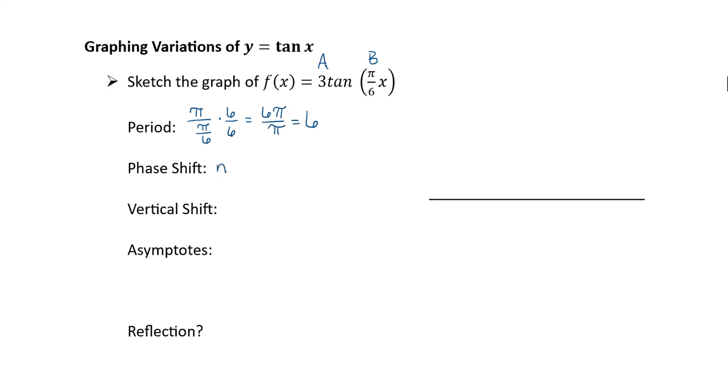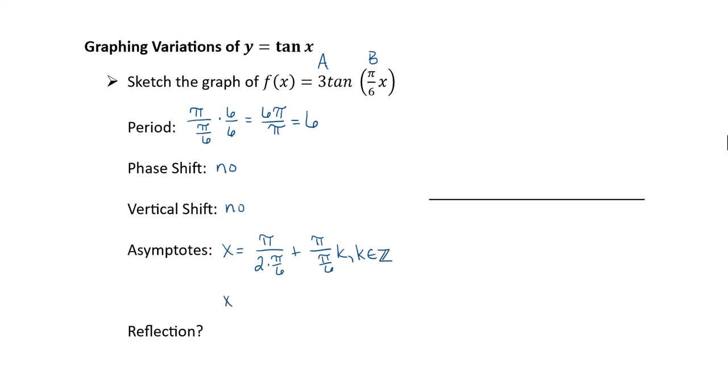There is no phase shift here. There's no c value inside the parentheses. And there's no vertical shift. There is no number added or subtracted onto the end of this function. And let's go ahead and figure our asymptotes. Remember our asymptotes, x equals pi over 2 times the absolute value of b plus pi over b, k, where k is an element of the integers.